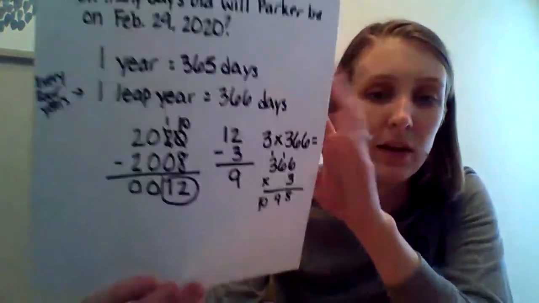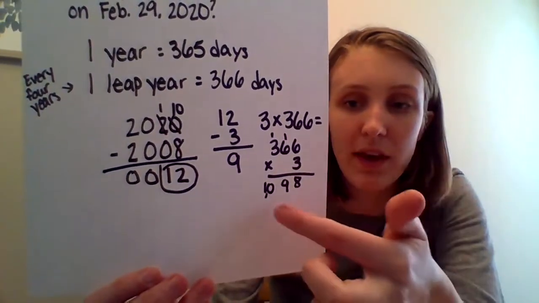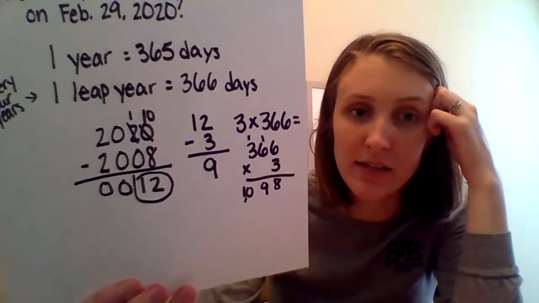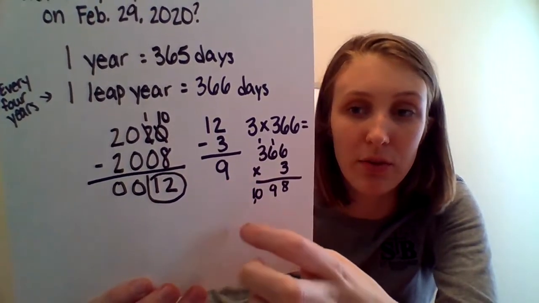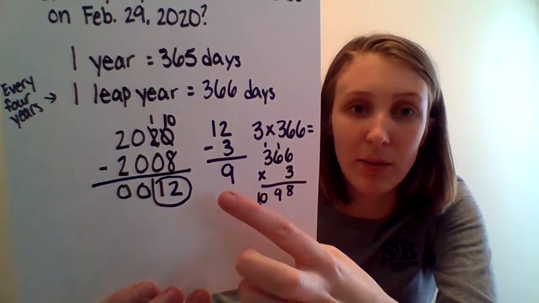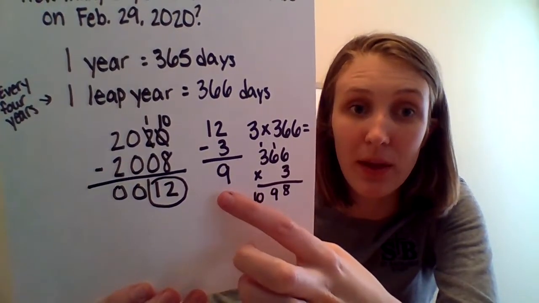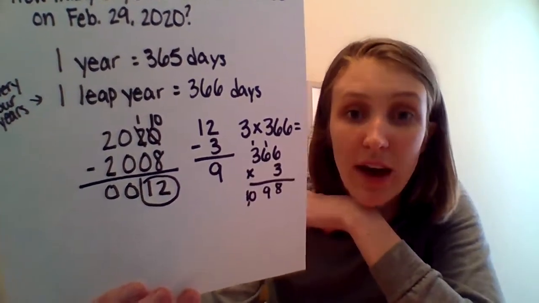So I got, in those 3 years, there was 1,098 days. Now I've got to take care of the rest of those 9 years. So every other year, the rest of those 9 years, there were 365 days.